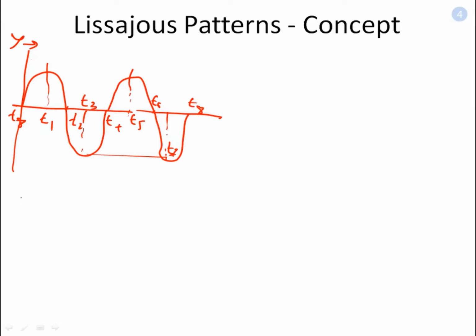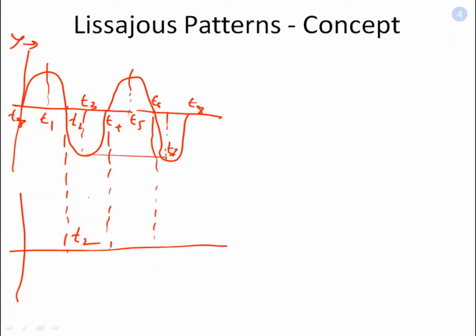So the X input, the same thing is triggered but at a different frequency. So here I get at T2 the first peak and at T4 the origin and T6 the second negative peak.